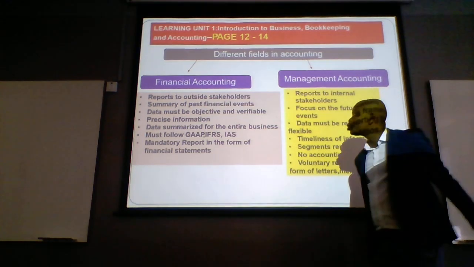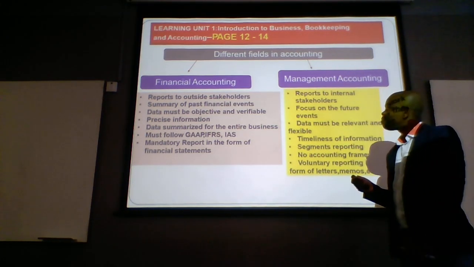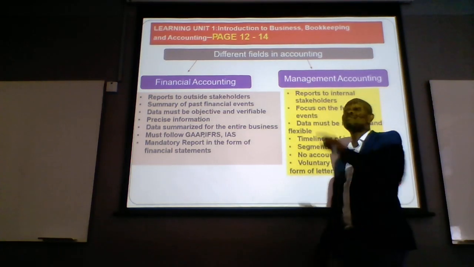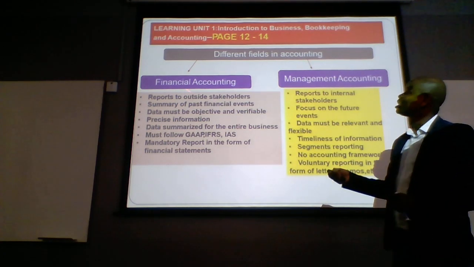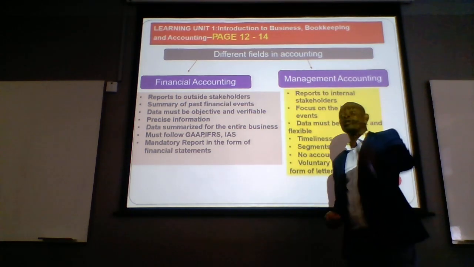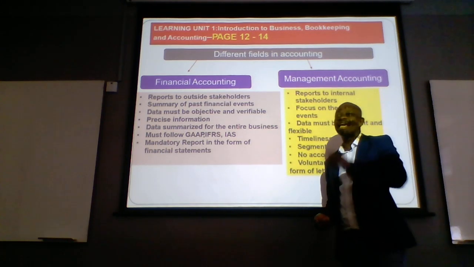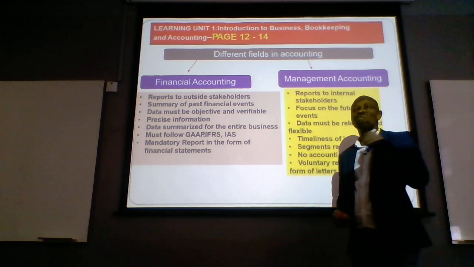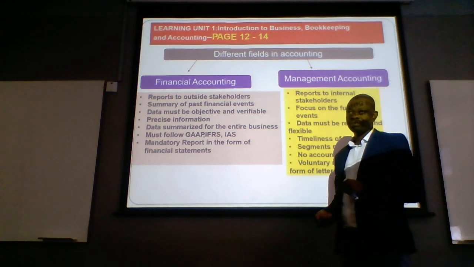There's a difference between management accounting and financial accounting. If you consider yourself a bookkeeper or accountant, you summarize financial activities, the transactions, for users. Users are the same as stakeholders.